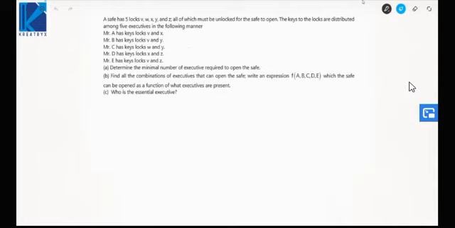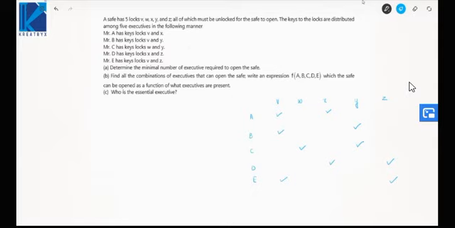The keys to the locks are distributed among 5 executives A, B, C, D and E. So we have 5 keys V, W, X, Y, Z. And the keys are distributed among 5 people A, B, C, D and E. A has the key of locks V and X. B has the key of locks V and Y. C has the key of locks W and Y. D has the key of locks X and Z. And E has the key of locks V and Z.